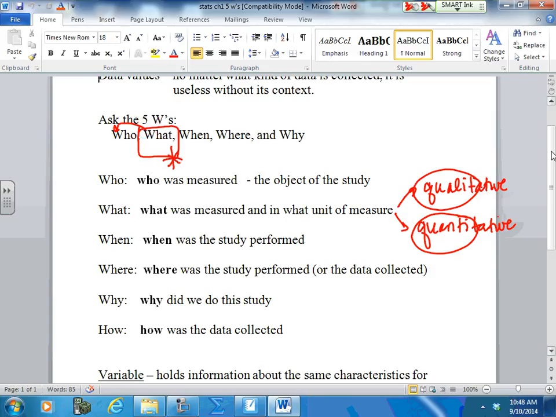The when. We're not looking at when was this article written. We're looking at when was this study performed. When was this done? If my article came out in 2014 and I did a study for the past 5 years of my turtles migrating across the United States, when was my study done?